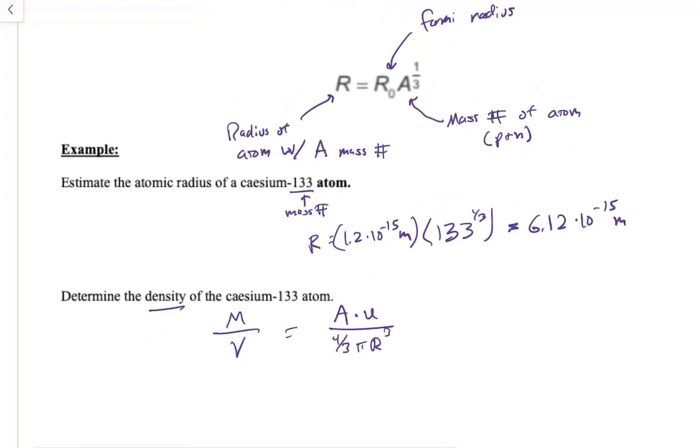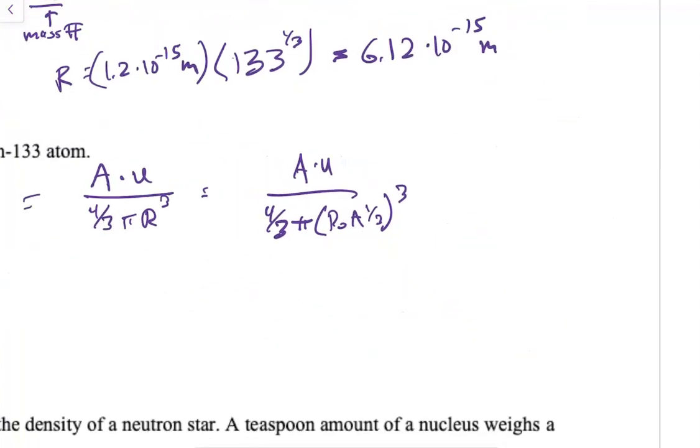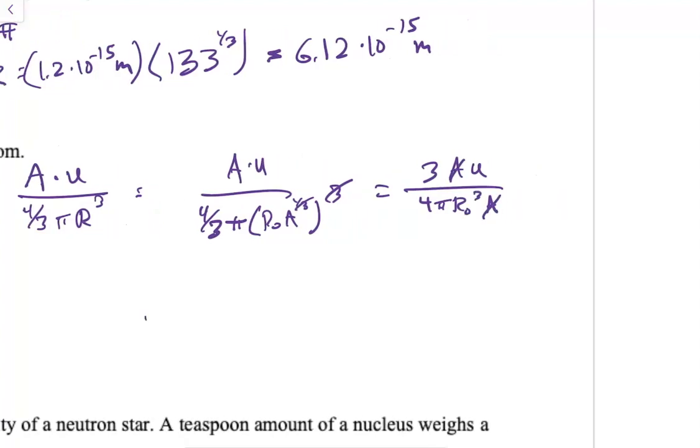So I can plug that in and I get A times U over 4/3 pi, and then this is R naught A to the 1/3, cubed. The A to the 1/3, those two cancel out, and we end up with A times, and might as well move the 3 up to the top, 3AU over 4 pi R naught cubed times A. The A's cancel out, and I end up with a density of 3U over 4 pi R naught cubed, and these are all constants.